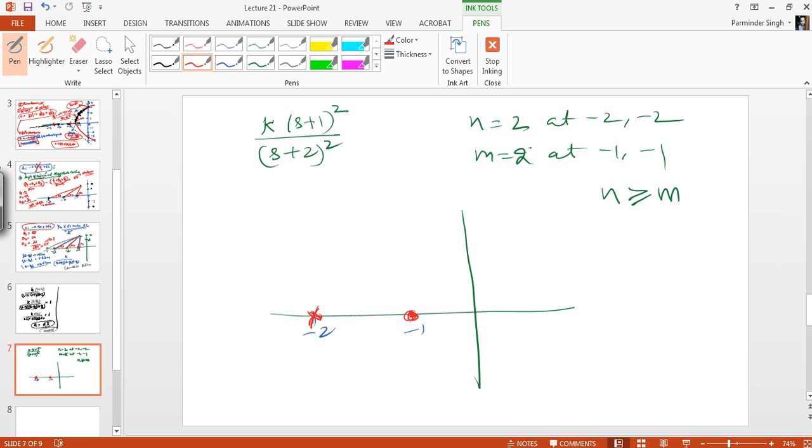Segment. This section, okay, number of loci is 2. It should lie on the segment. Let's see. First, is this a segment? No. Is this a segment?